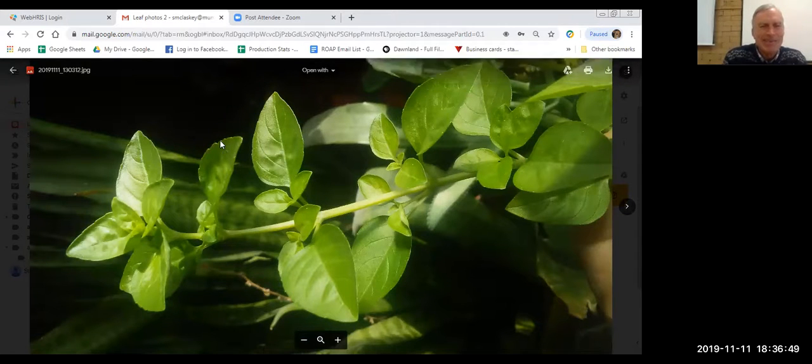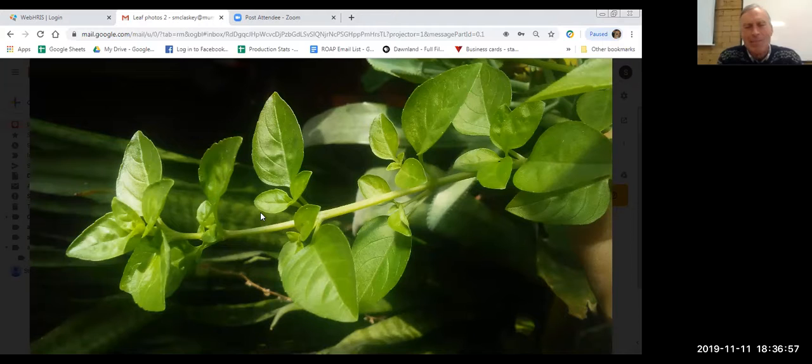Now, oops. Oh, sideways. Anyway, now you can see what the margins are. See, there's some teeth along the margins. And there's another thing here. There's these little branches coming out of the leaf where the leaf is attached to the stem. What is that where the leaf joins the stem? Do you remember that?